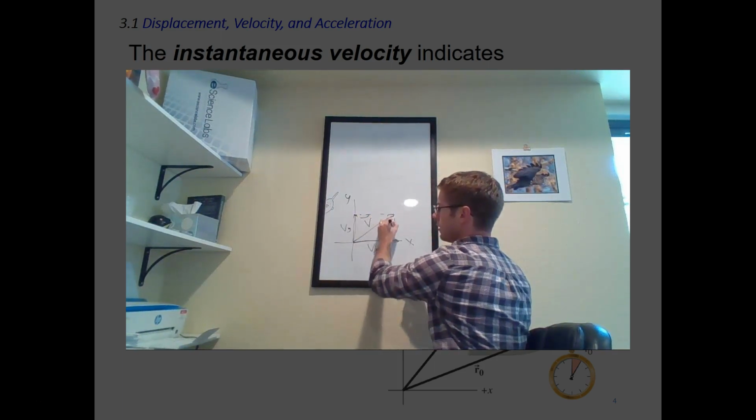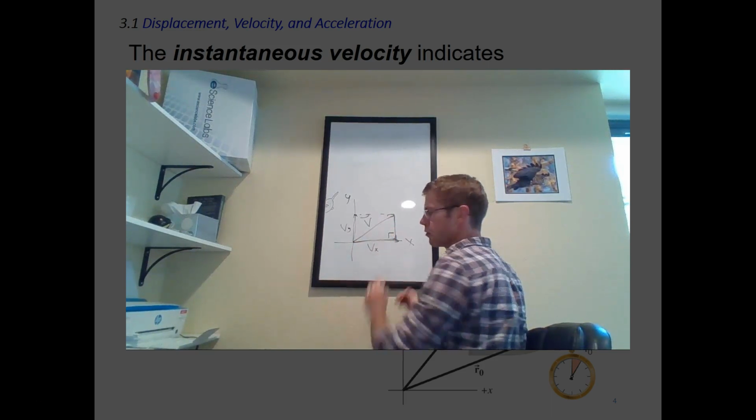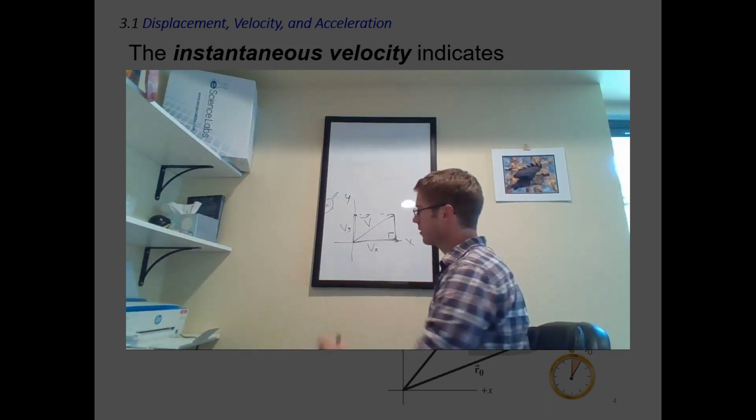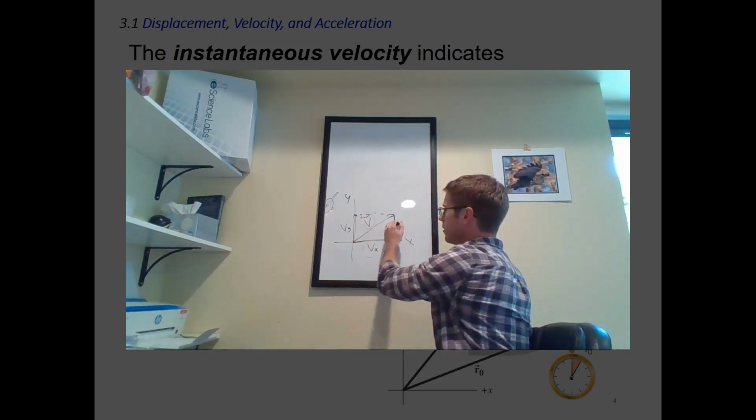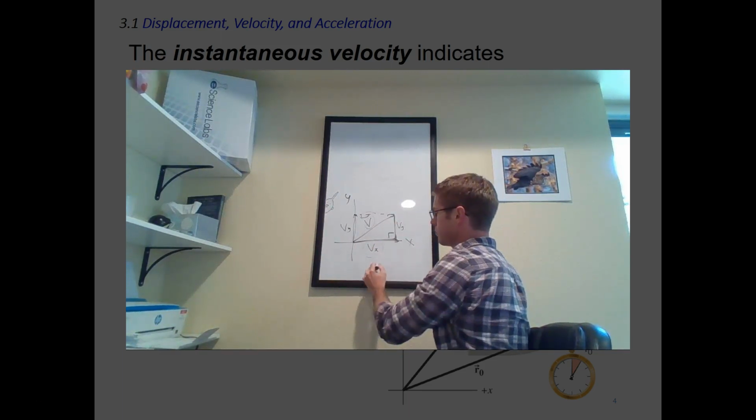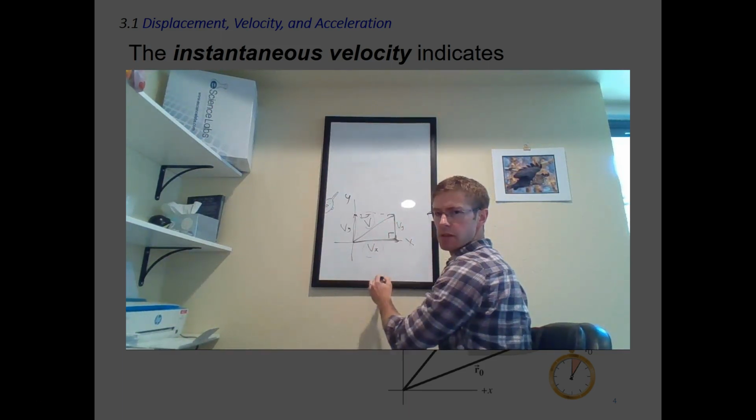And so if you make a triangle here, you can see you have a right triangle. And so by Pythagorean theorem, the hypotenuse is going to be equal to the square root of the adjacent side squared plus the opposite side squared.